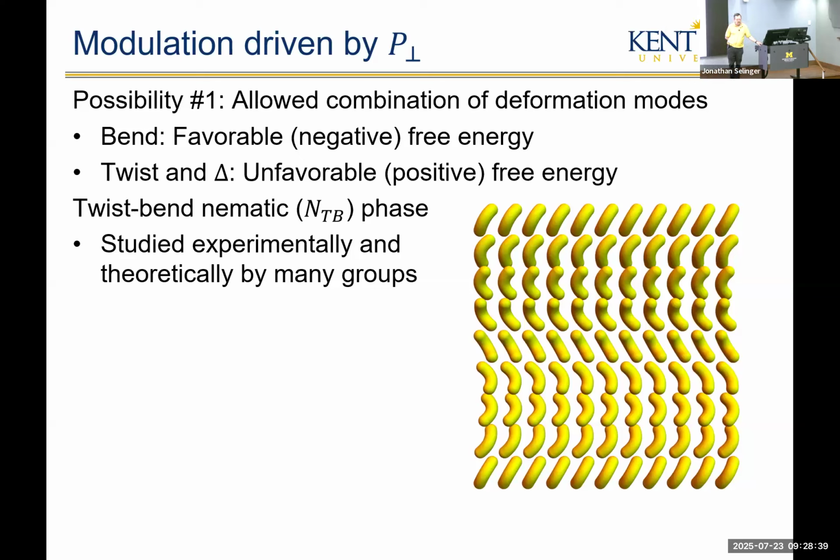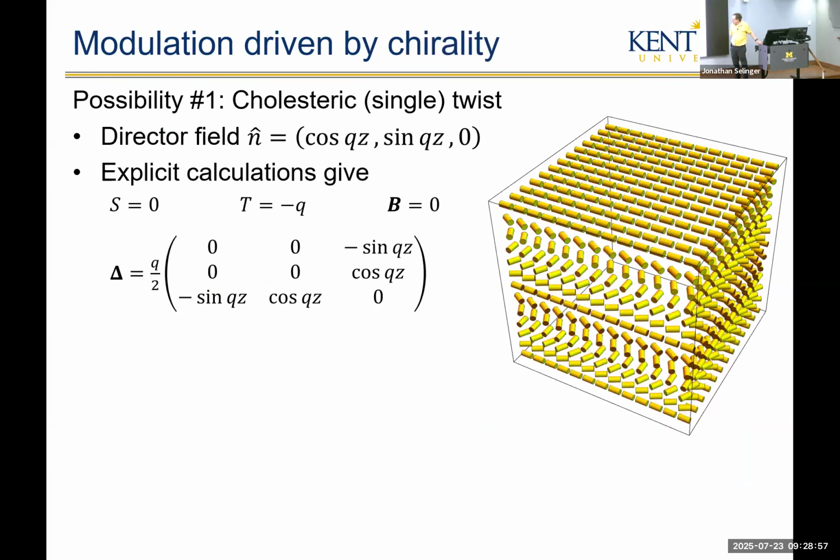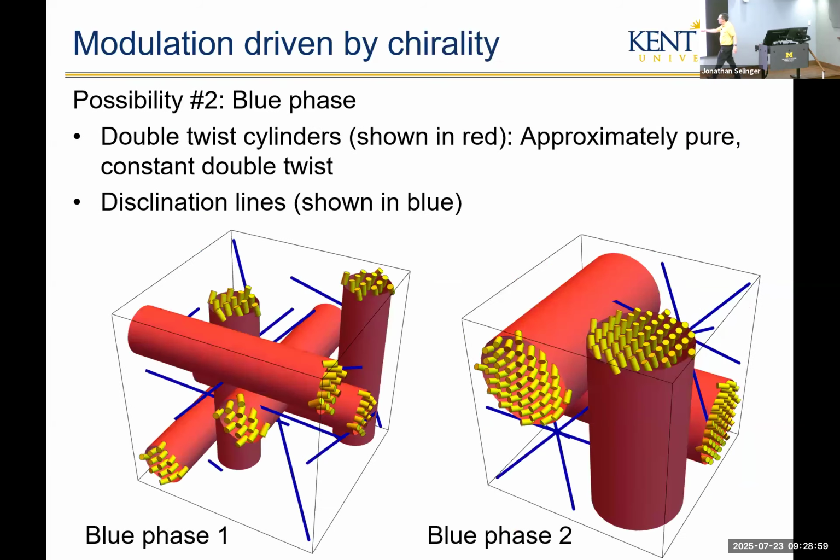Yeah, well, I guess I was asking, is there a way to stabilize a double twist cylinder with these types of bent molecules? Oh, I don't know. I don't think so. That's an interesting point. Because there is bend in here, could you make this kind of thing that's favored by that amount of bend?